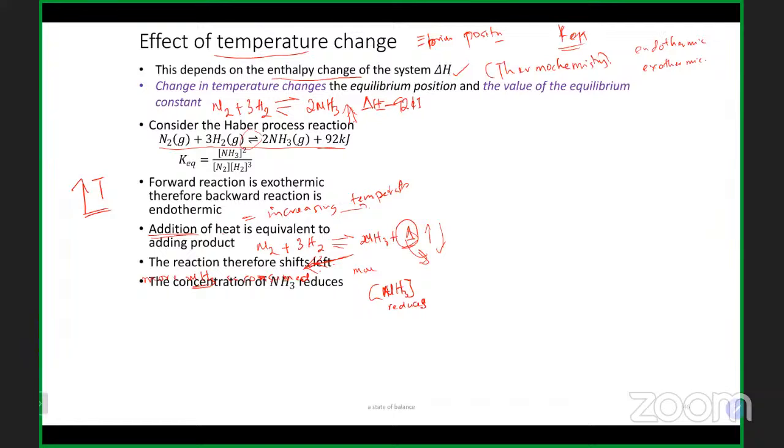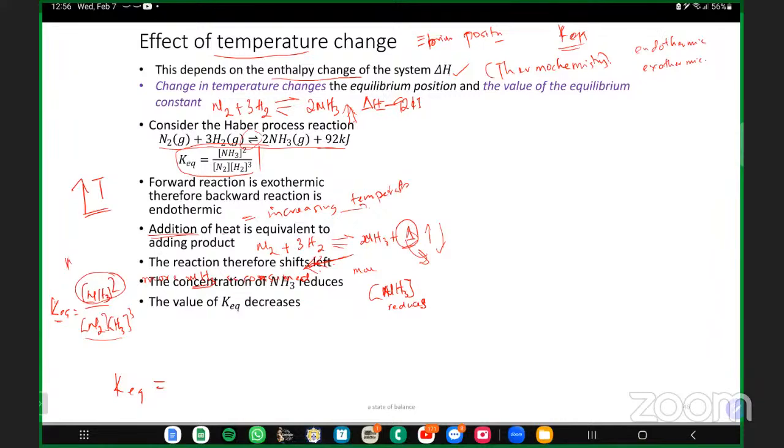And if it reduces, let's look at the equilibrium constant. Let me write it clearer. This is the equilibrium constant. K equilibrium is NH3 squared over N2 times H2 cubed. So if this is reduced, it means that the numerator becomes smaller. And if the numerator becomes smaller and the denominator becomes bigger, the value of K equilibrium will reduce.